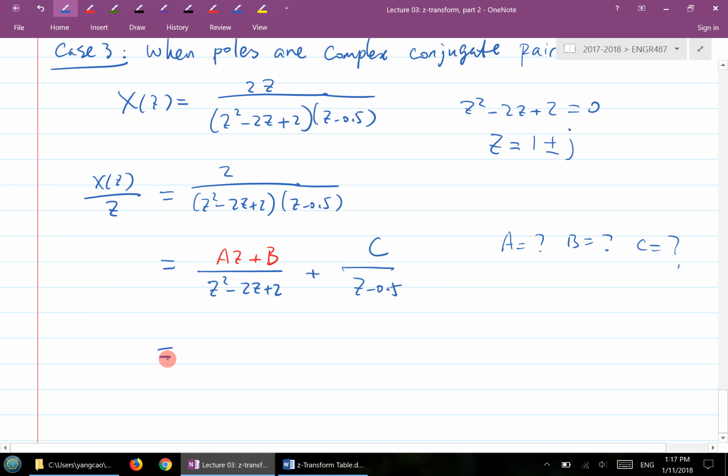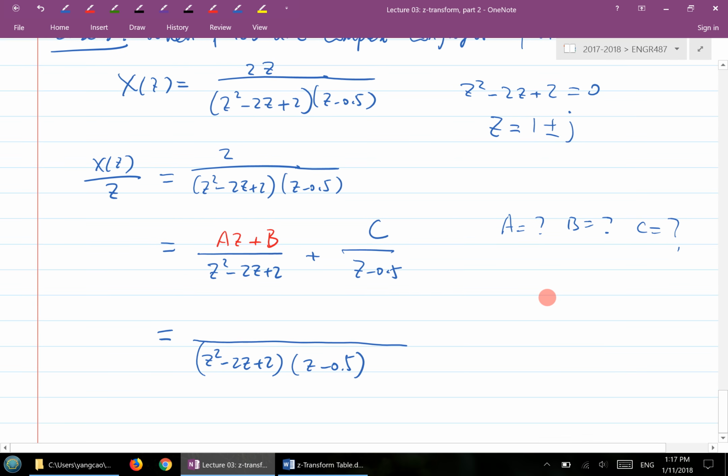The typical way to find a, b, c is to put these two fractions back into one fraction again. Combine these two terms into one fraction.